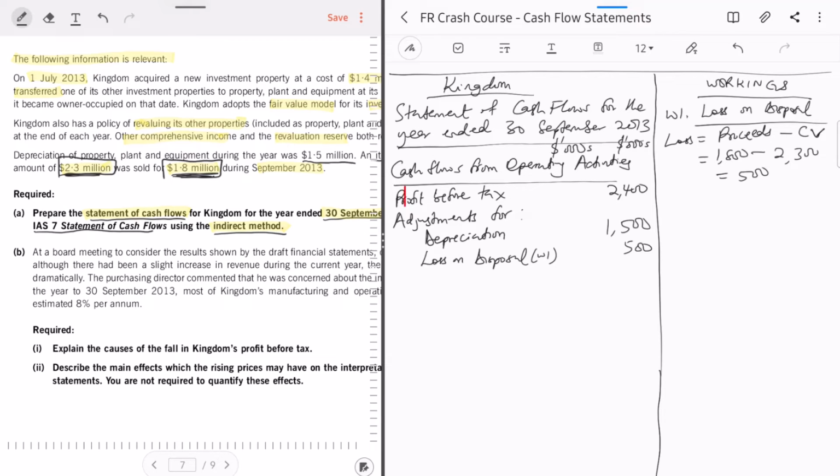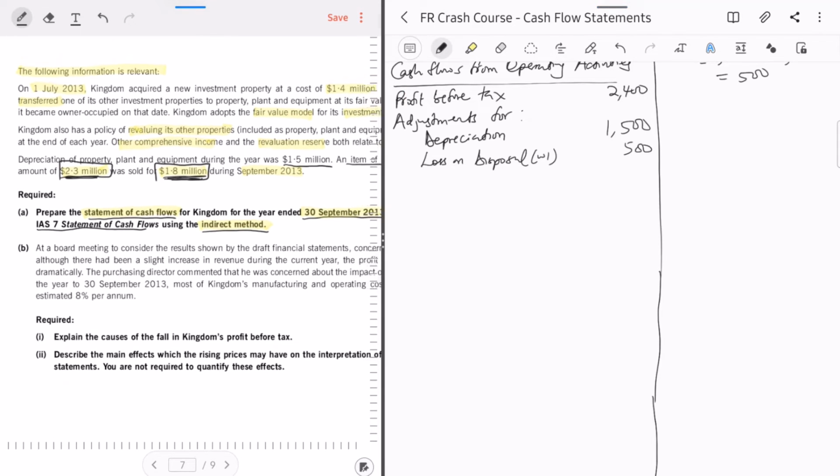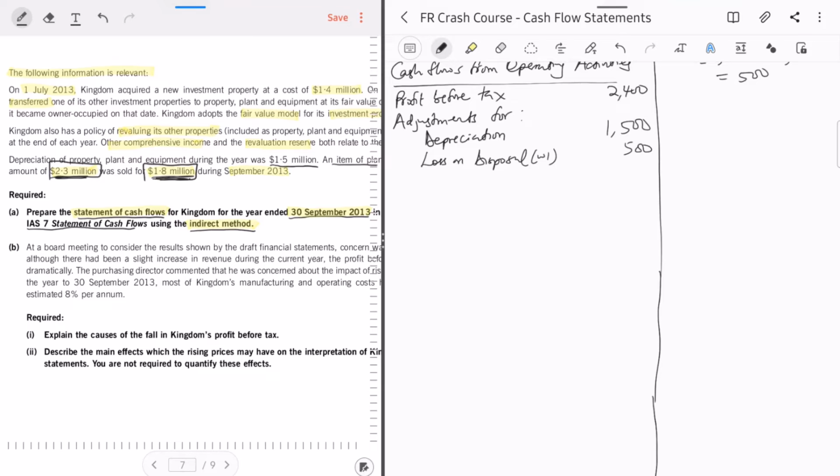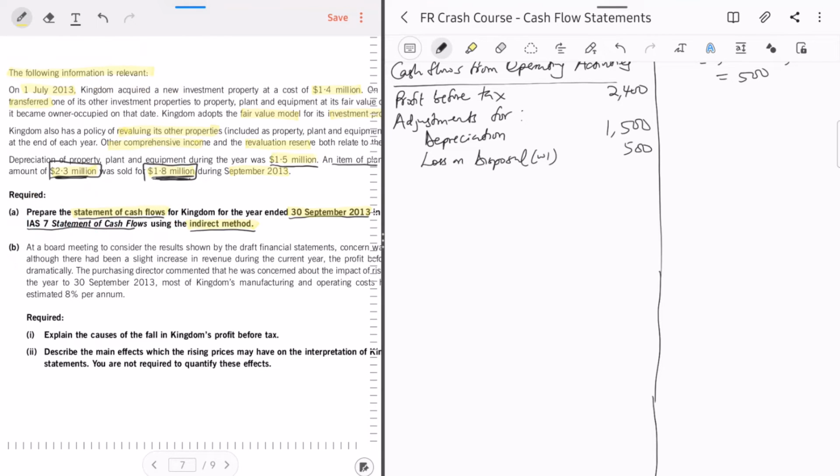It's very, very important, right? So you can see we are on operating activities, but we have information for our investing activities. From this little paragraph here, we have been able to pick up depreciation of 1.5 million. Then 2.3 million carrying amount has been sold for 1.8. We've picked that up as well.